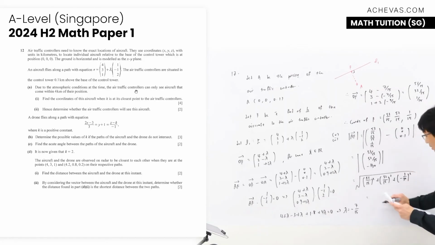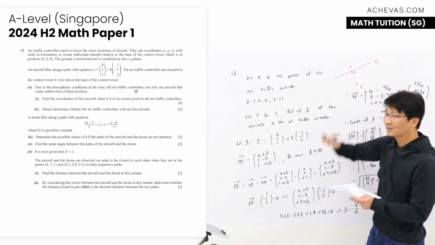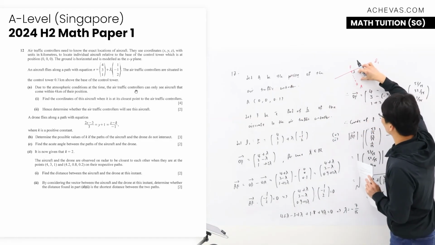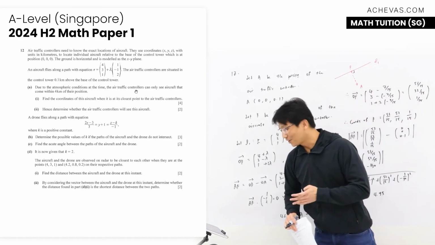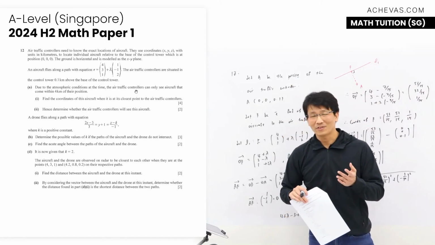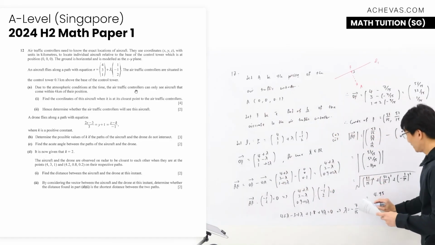And pressing this in the calculator, I'll get a final answer of 4.95. And this is the distance of AF. And since it exceeds the 4 kilometers, therefore the air traffic controller definitely cannot see the aircraft already.